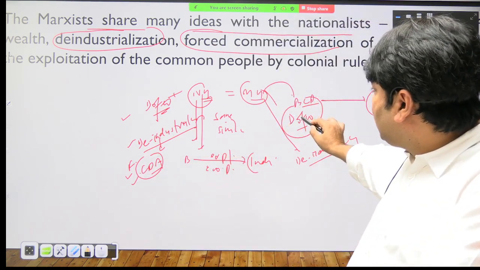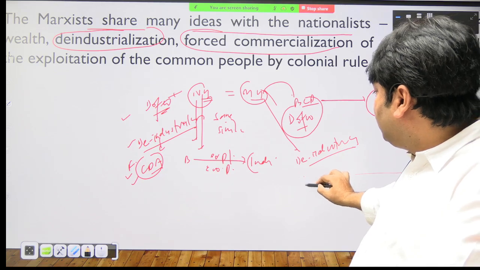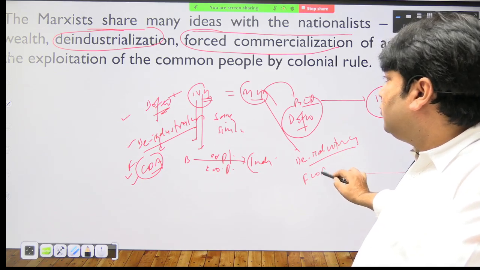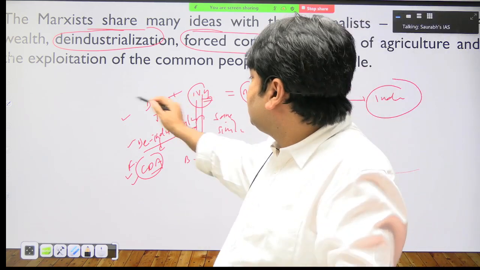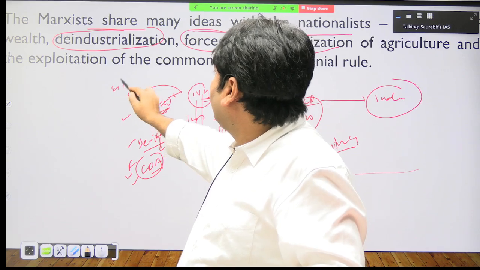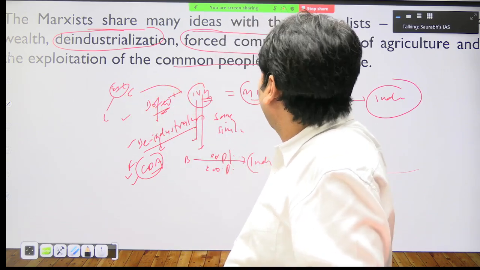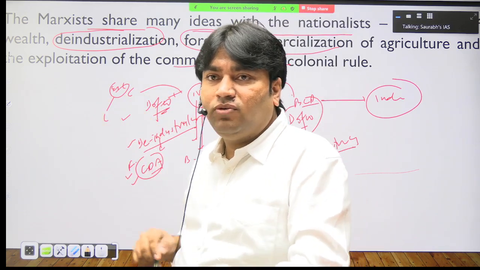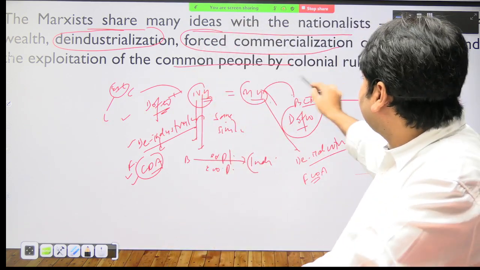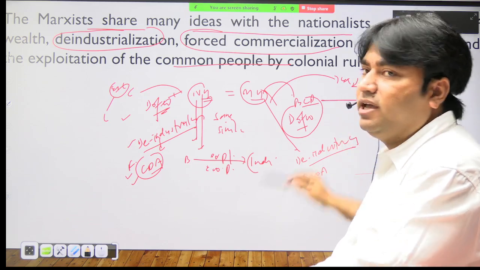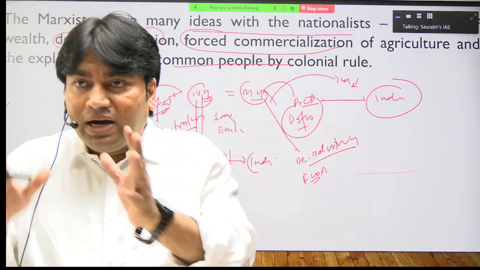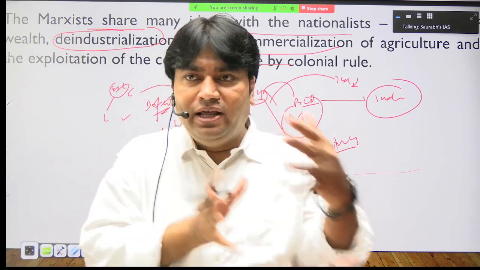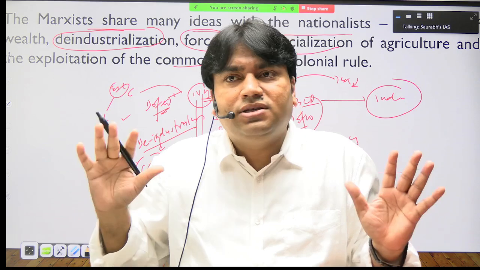Marxist historians are also saying that British economic policies promoted forced commercialization of agriculture. Nationalist historians are also saying that East India Company exploited the common people. Common people का exploitation हुआ. And here the Marxist historians are also saying the same, common people का exploitation company ने किया. So Marxist historians and nationalist historians, their viewpoint is similar.